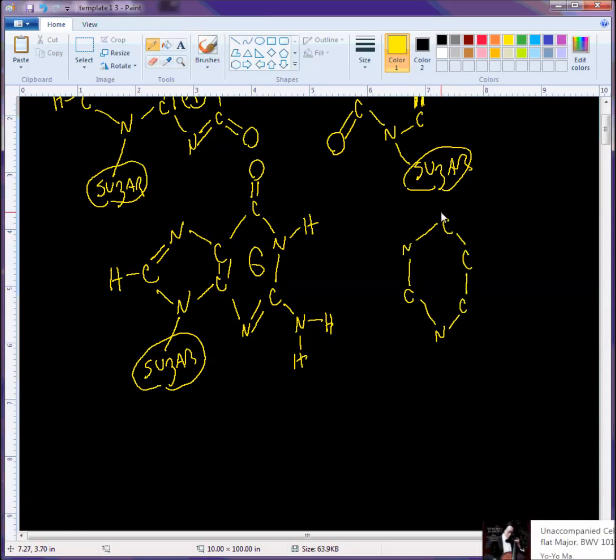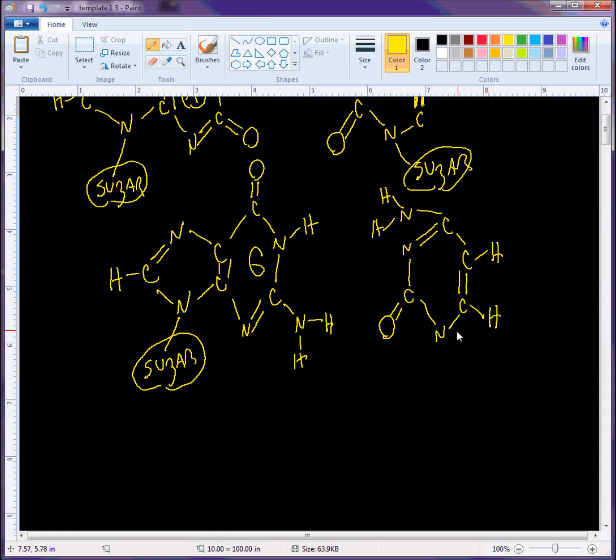And we're going to have an NH2 right here. I'm going to draw it like that. Double bond here. Double bonded oxygen here. And a double bond here. Each one of these is going to get a hydrogen. This is going to be attached to the sugar. And okay, that looks pretty good.